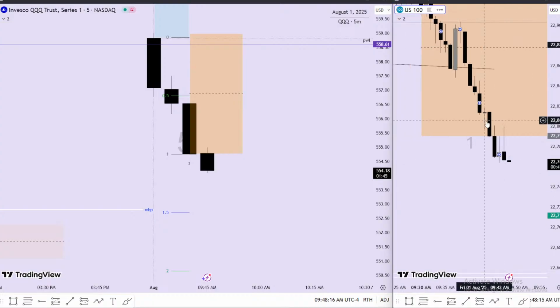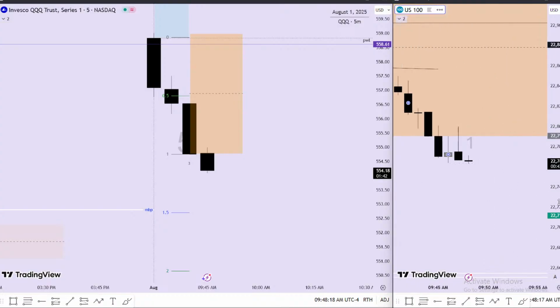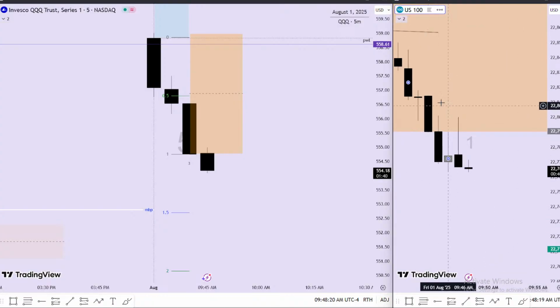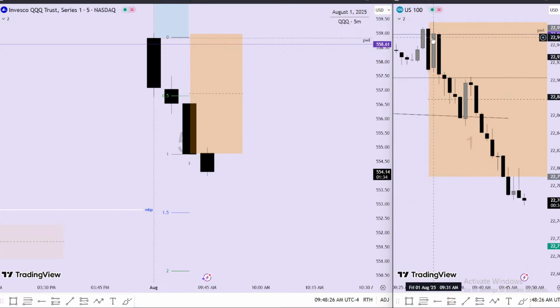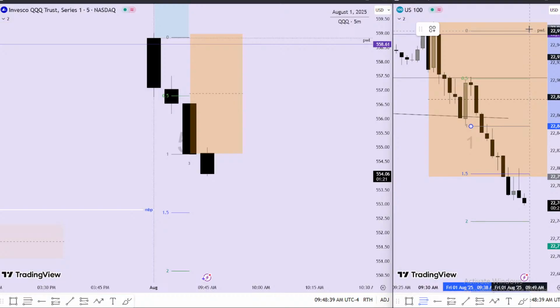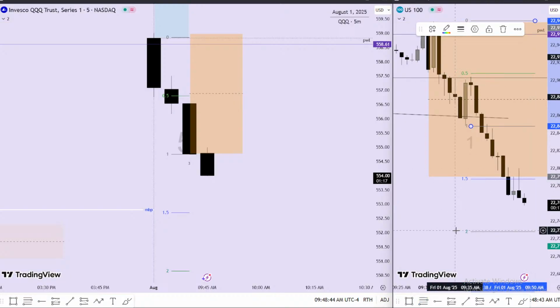Bulls do not have a reason to get out of this trade until we close above this high, or inside this range. Since we have opened, this was the first leg, this is the second leg. So 29 would be the second leg.